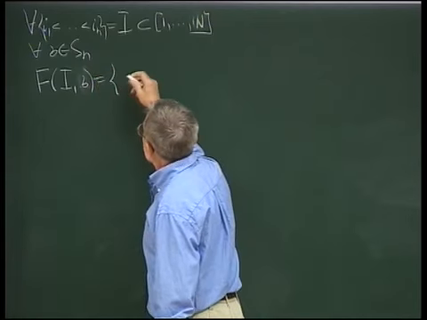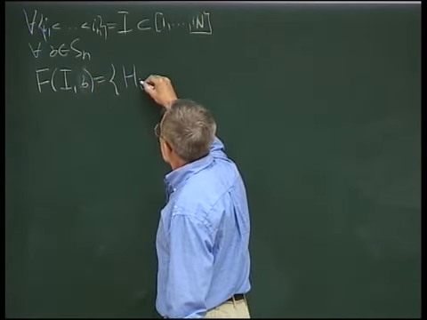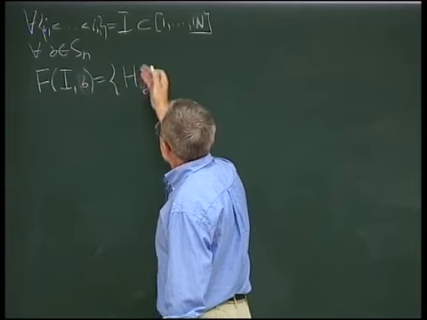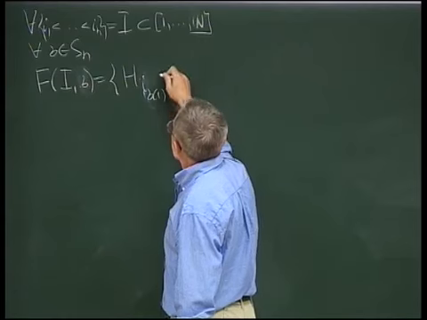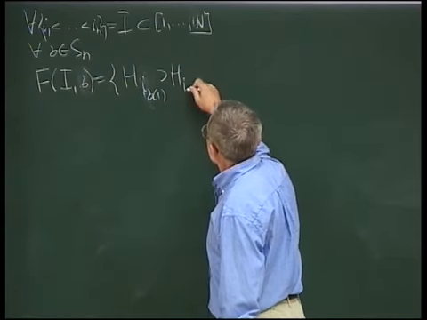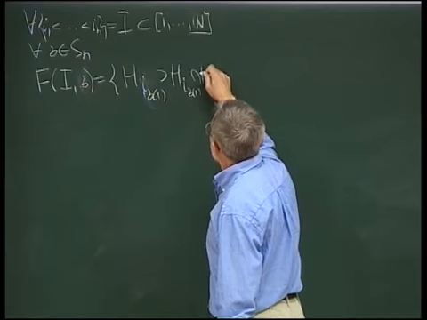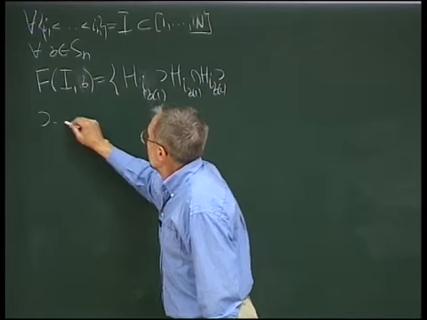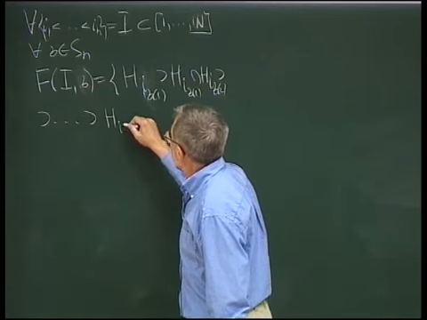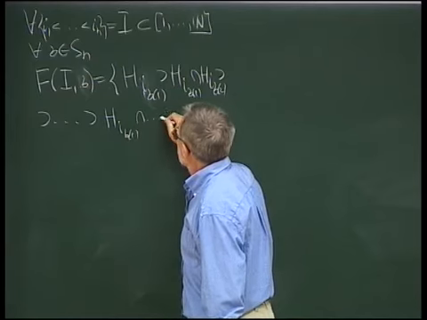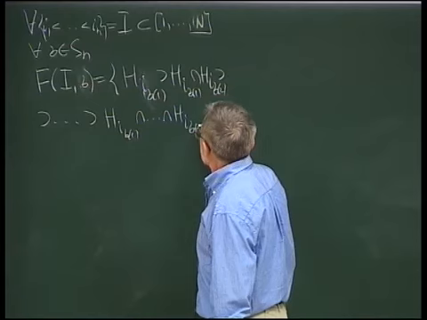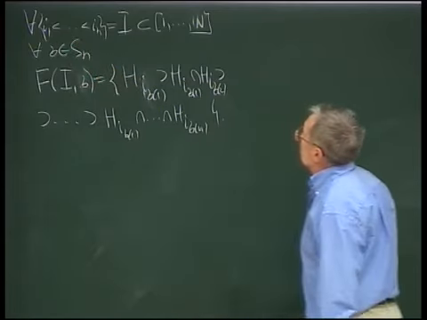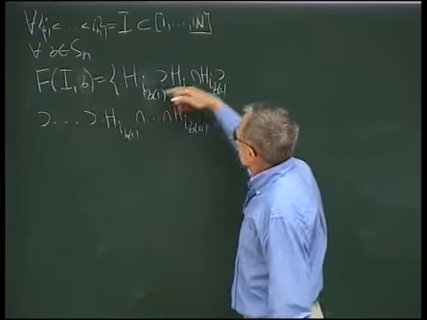Namely, this is the flag where you take the first hyperplane H_{i sigma 1}. Then you take the intersection of H_{i sigma 1} with H_{i sigma 2}, and the last term will be the intersection of H_{i sigma 1} with H_{i sigma n}. So if you have a collection of n hyperplanes, then you can define the corresponding flag.